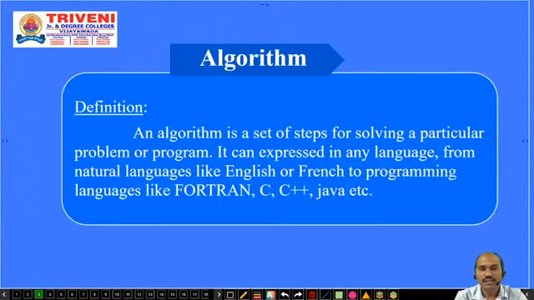I already explained the definition: an algorithm is a set of steps for solving a particular problem.